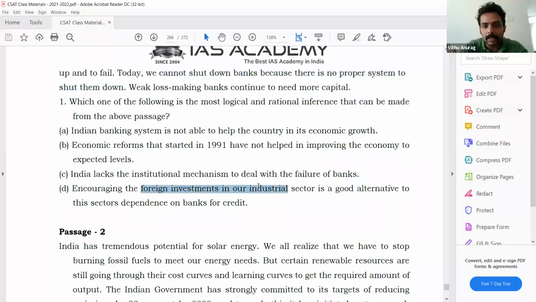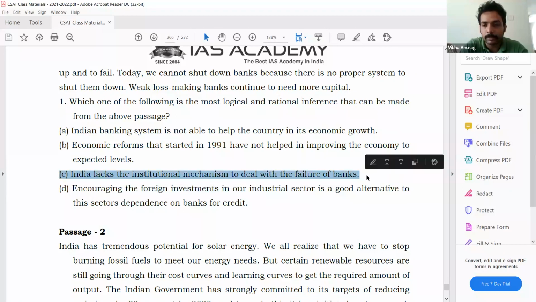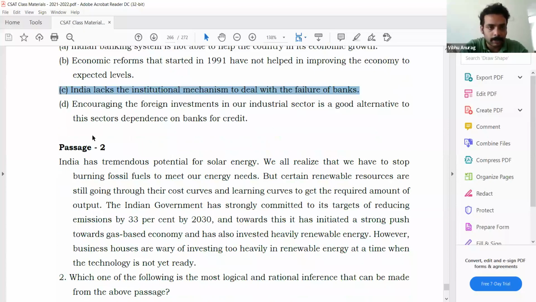Again, he does not really say anything about encouraging foreign investments. So the answer is C. Question number 1, did you get C? Okay, fine. If you have any doubts, please ask, okay?